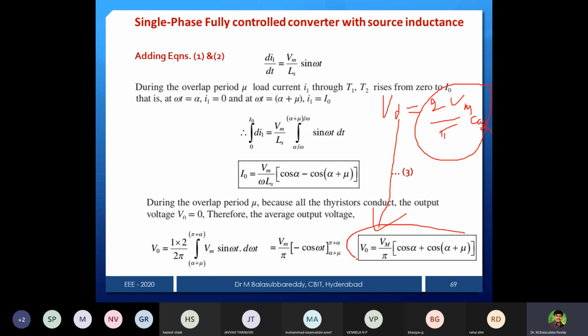What I want to do is modify or simplify this equation in terms of 2 Vm by pi into cos alpha minus something factor, so that the minus portion I can represent as a drop due to source effect. But now this is the actual. I need to get this one actually, but what I am getting is this one.